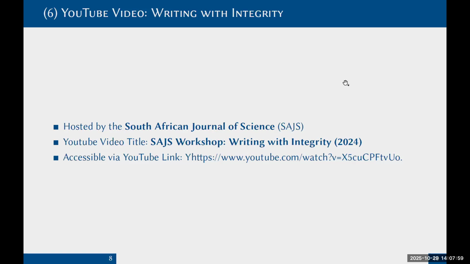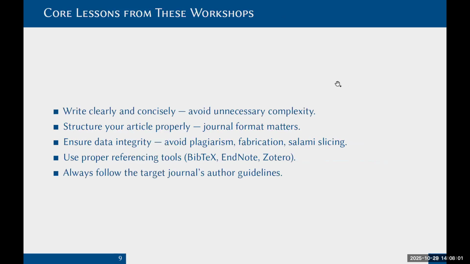Okay, so the core lessons from these workshops: write clearly and concisely, and avoid unnecessary complexities. So the first thing you have to be very careful about is to write clearly and concisely. And the second thing is to structure your article properly.